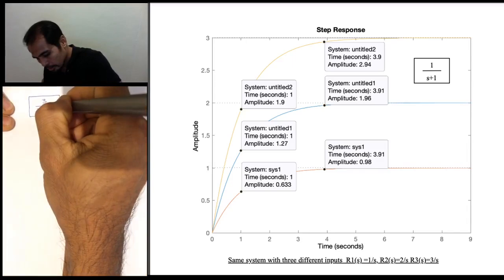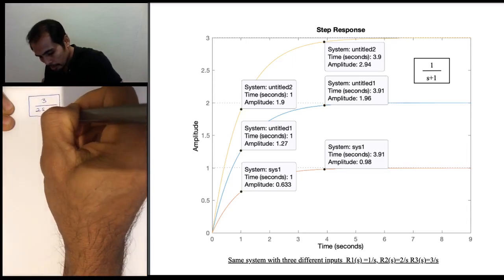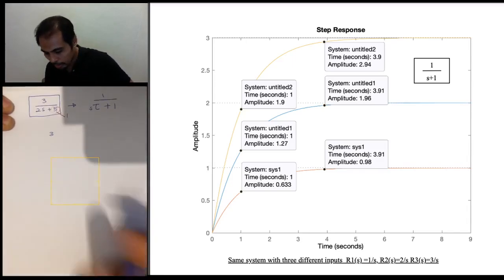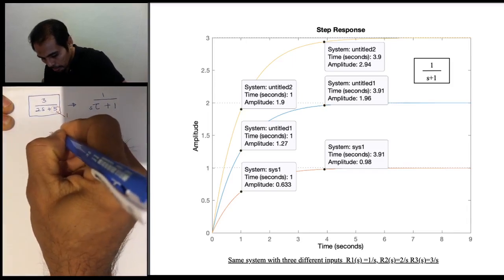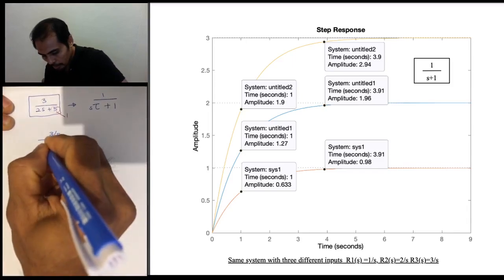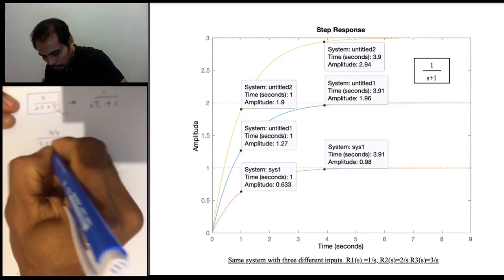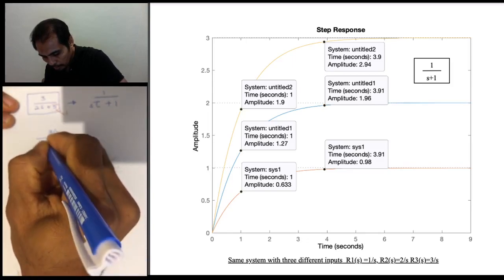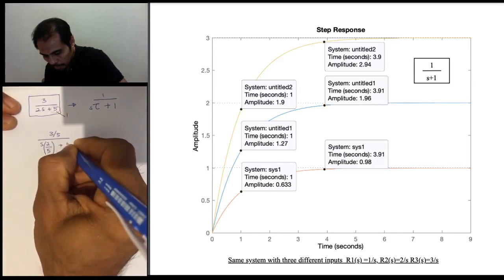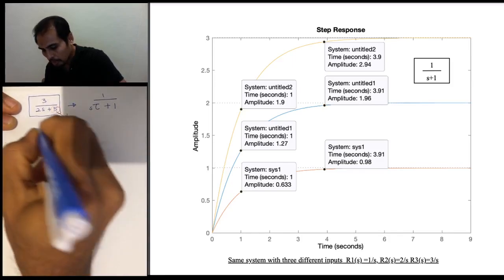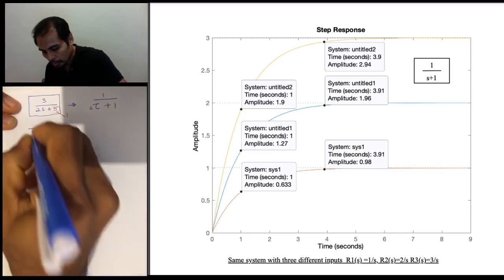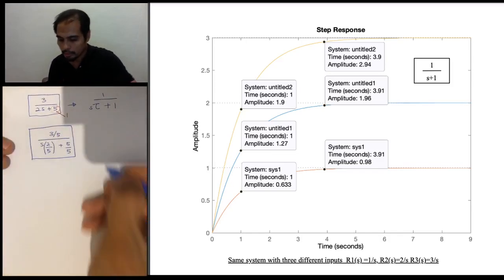So we're going to divide this as 2 over 5 s plus 5 over 5, right? So this is our new form, okay?